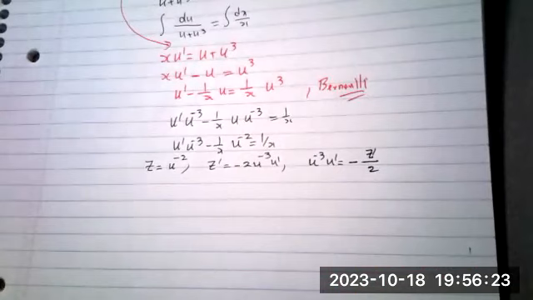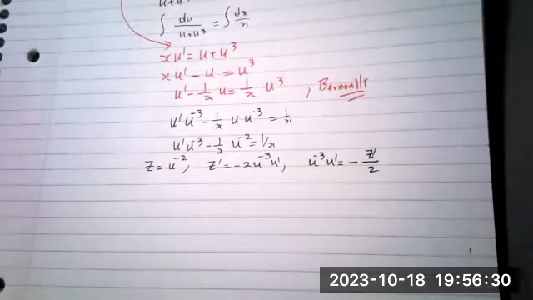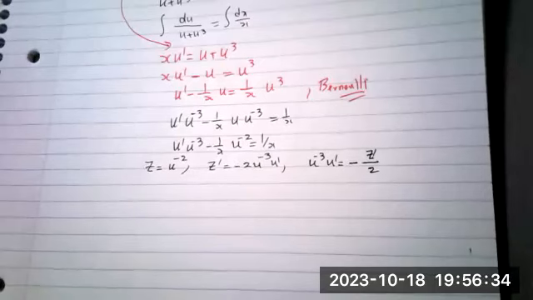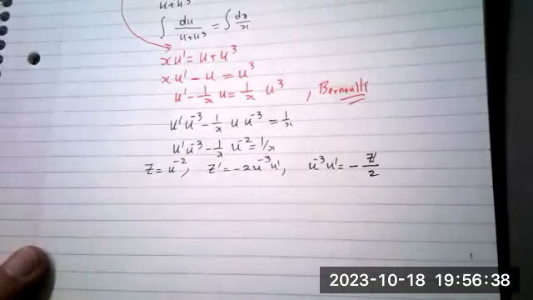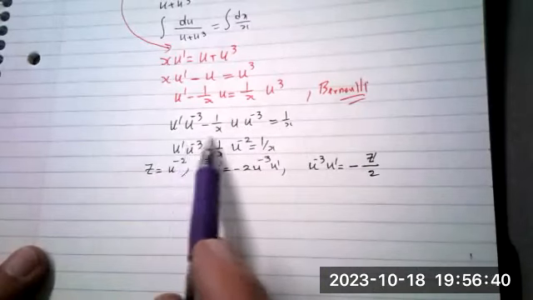Okay. So go back and substitute, and you get an equation in terms of z that can be solved easily. Okay, so I'm going to substitute here. What's going to be the equation now?